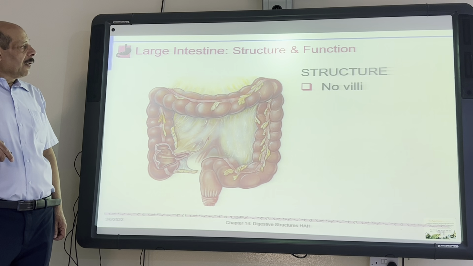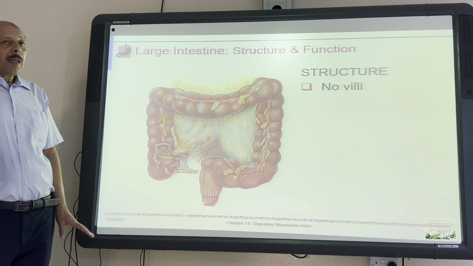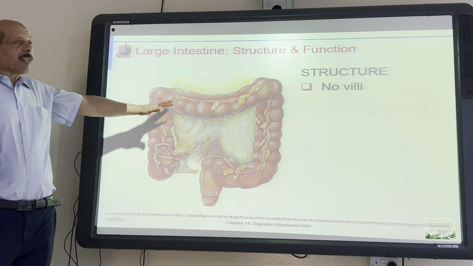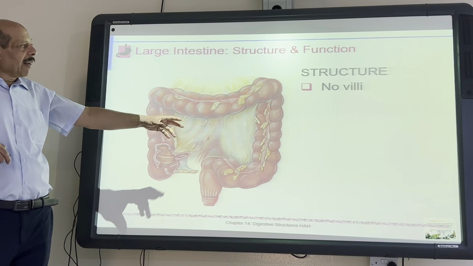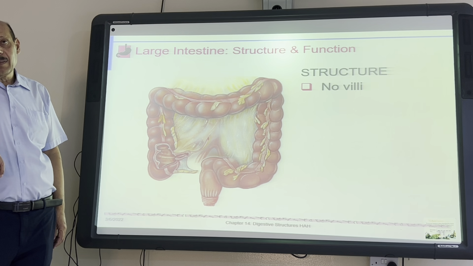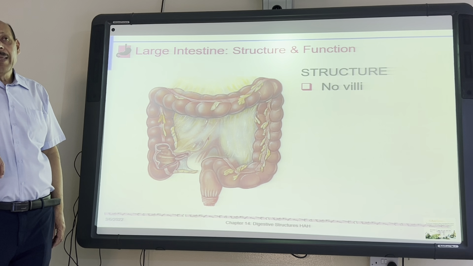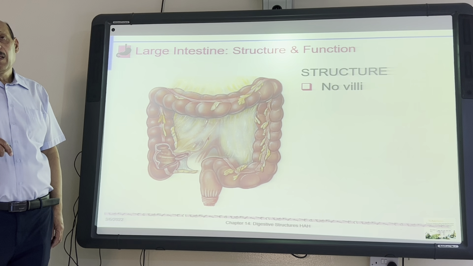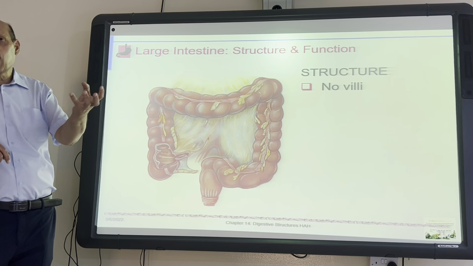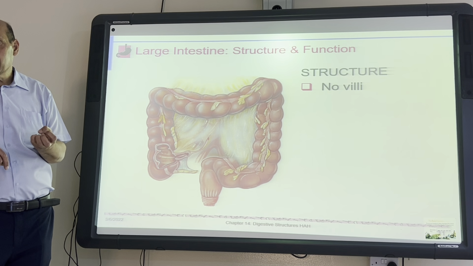So we said that in the small intestine, internally there are villi. In the large intestine, there is no villi. The function of the villi is mostly for absorption.